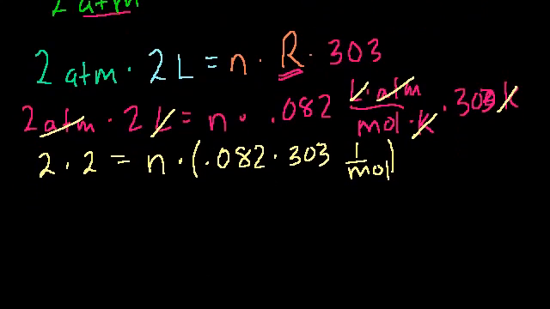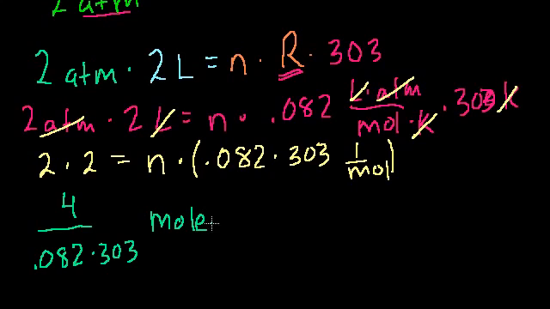So we get 4, since 2 times 2 is 4, divided by 0.082 divided by 303. I'm just taking this and putting it on the left-hand side, dividing both sides by it. And when you divide by a 1 over mole, that's the same thing as multiplying by a mole. Moles is equal to n. So it's good. The units all worked out.